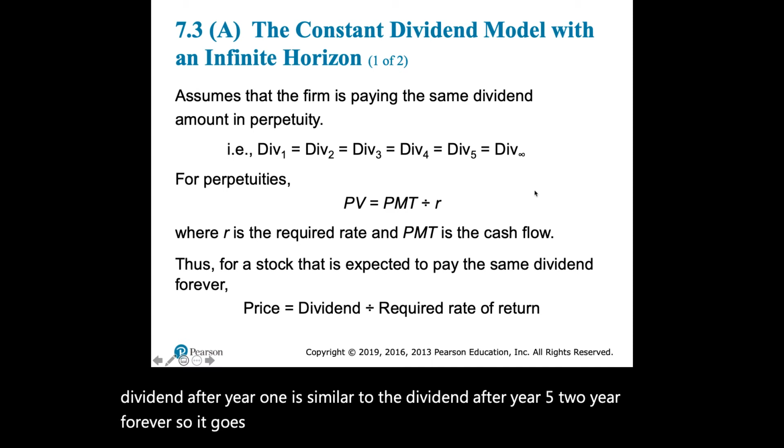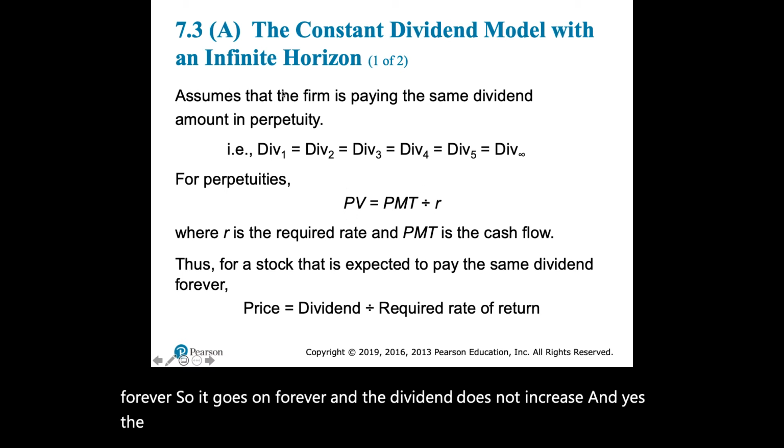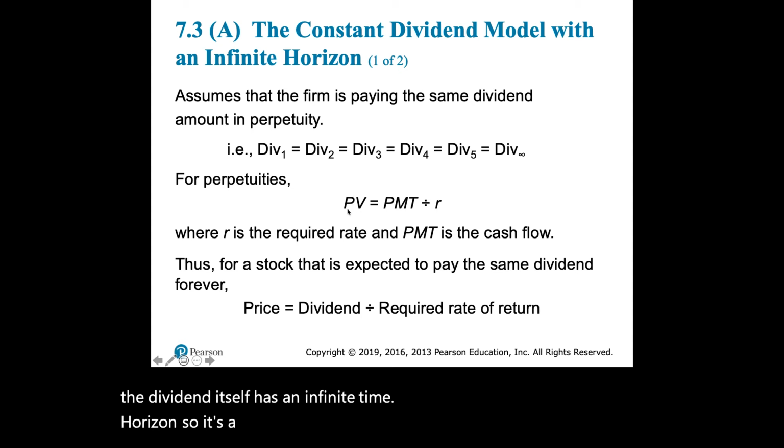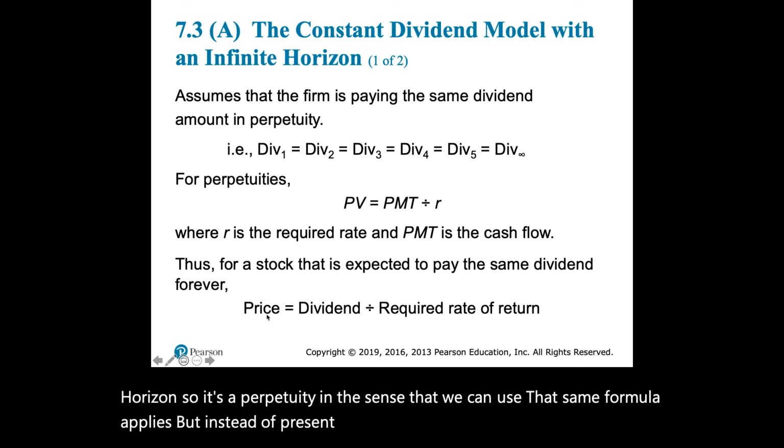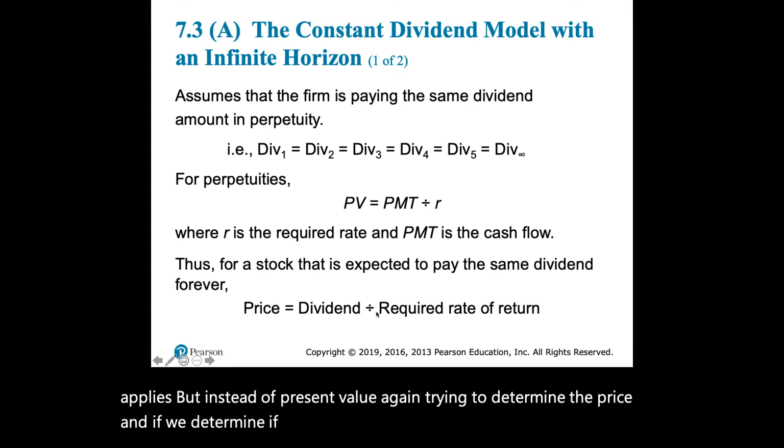And yes, the dividend itself has an infinite time horizon. So it's a perpetuity in the sense that we can use that same formula. But instead of present value, we're trying to determine the price. If we consider our payments as dividends or return that we get every year, we divide that by the required rate of return. So, a very similar formula.